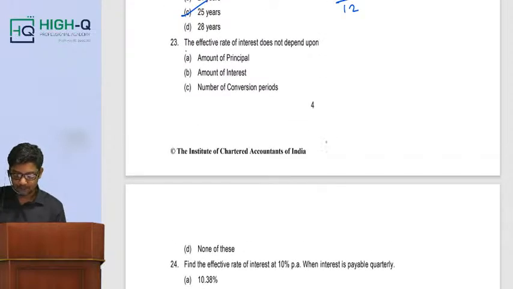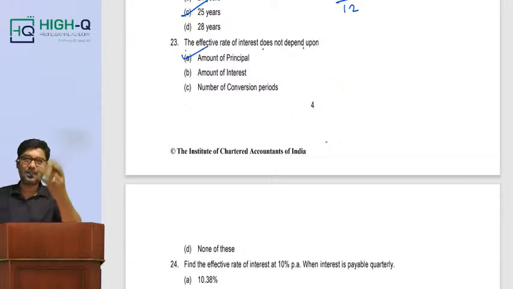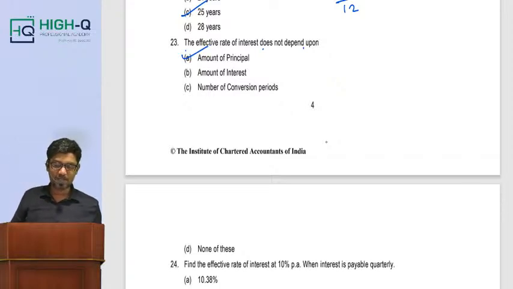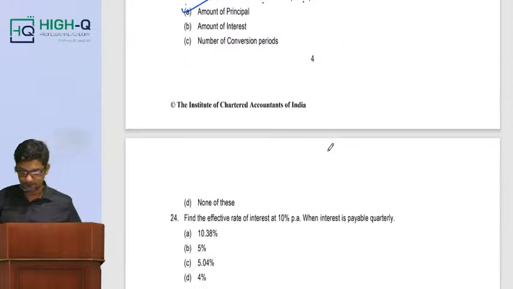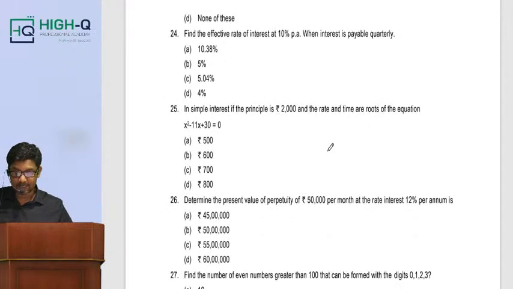Next, the effective rate of interest does not depend on, I think just now only said, effective rate of interest does not depend on what? Principal. Okay. Yes. It is independent of principal. Find the effective rate of interest 10% per annum when interest payable quarterly. So which is nothing but 2.5%.